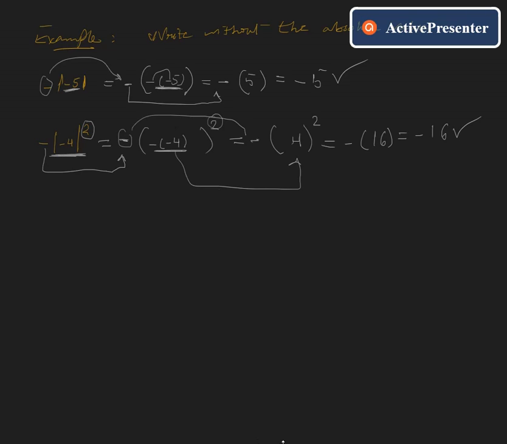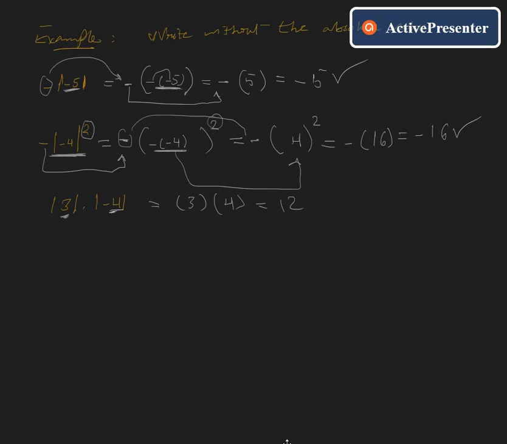What if I ask you the absolute value of 3 multiplied by the absolute value of negative 4? Since 3 is positive, it will remain the same, so it is 3 multiplied by the absolute value of minus 4, which is 4, then the answer is 12.